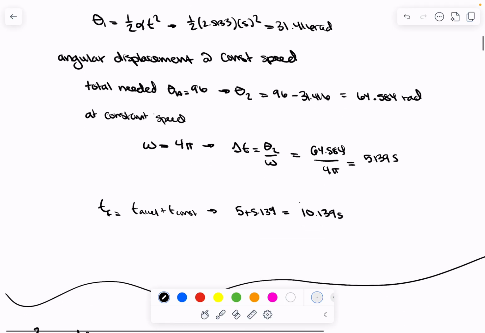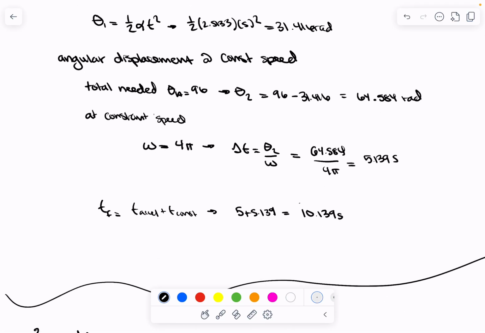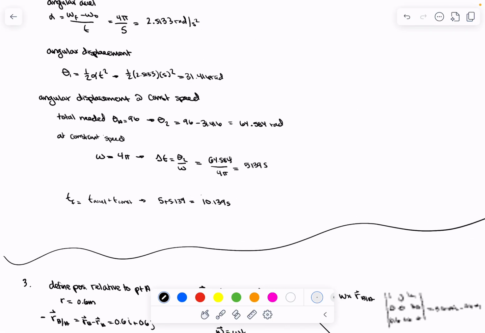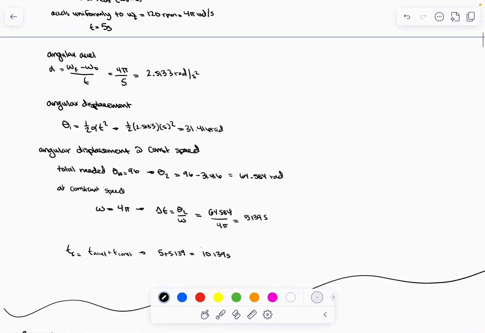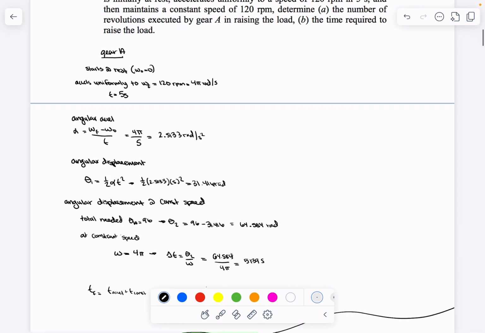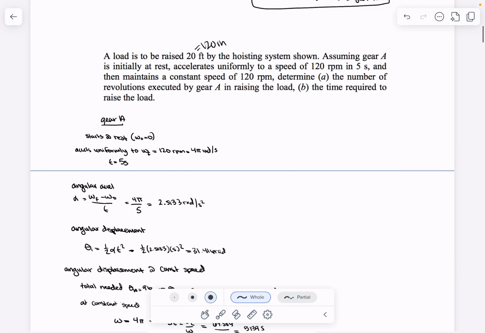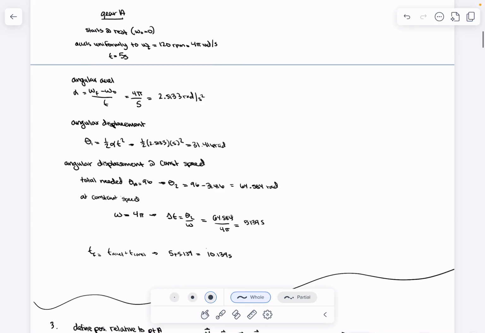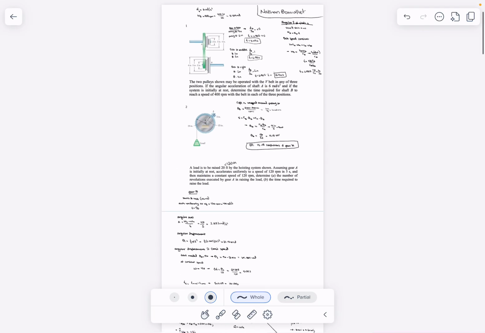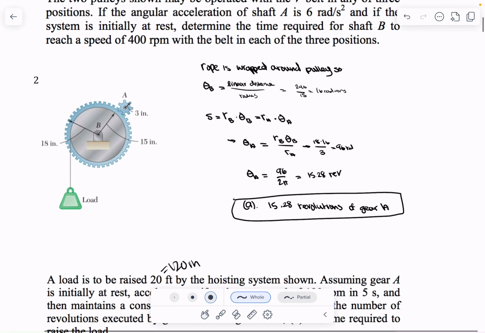And total time is time of the acceleration plus time of the constant, which is 10.139 seconds. Oh, and the number of revolutions is... where did it go? Oh, the number of revolutions is up here. We started with that.